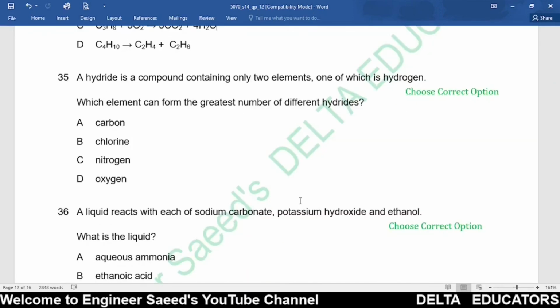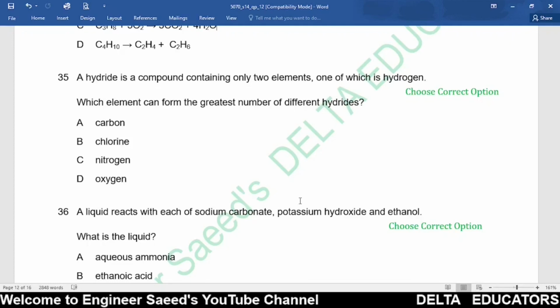Question number 35. A hydride is a compound containing only two elements, one of which is hydrogen. Which element can form the greatest number of different hydrides? Option A carbon, B chlorine, C nitrogen, D oxygen. Here the correct option is option A carbon, because carbon is an essential element in all the hydrocarbons named alkane, alkene and alkyne.